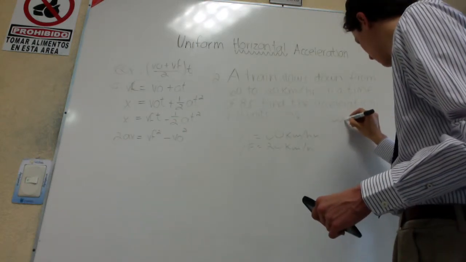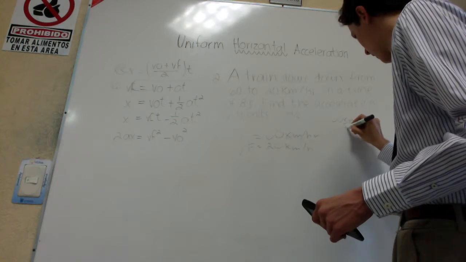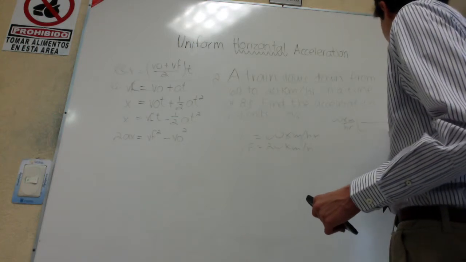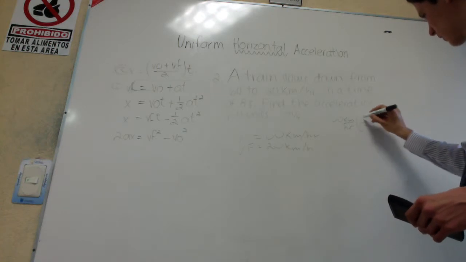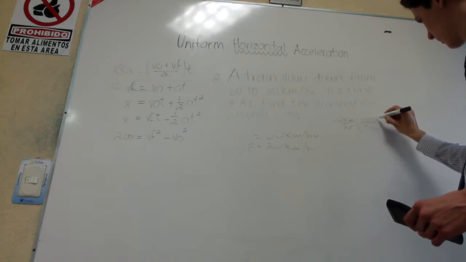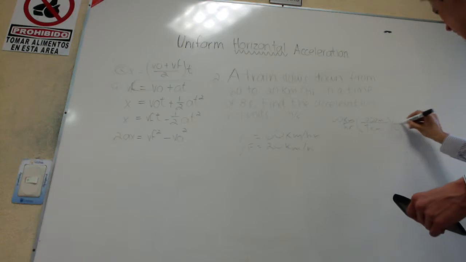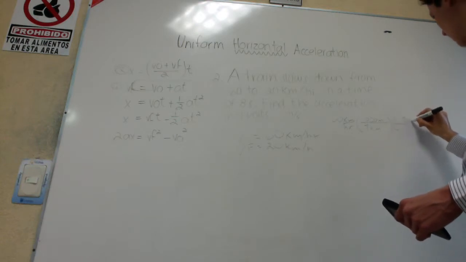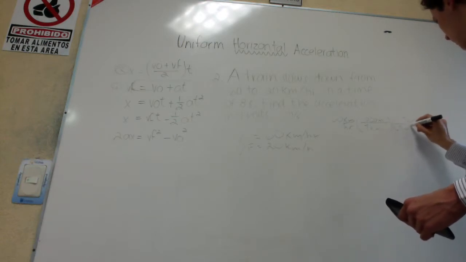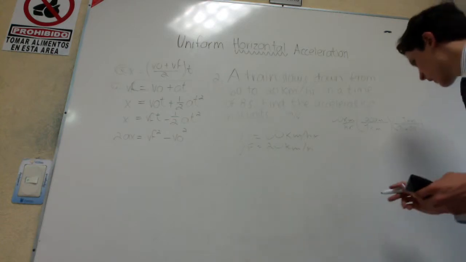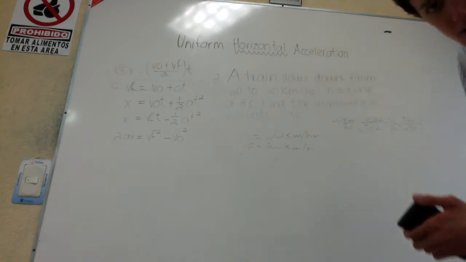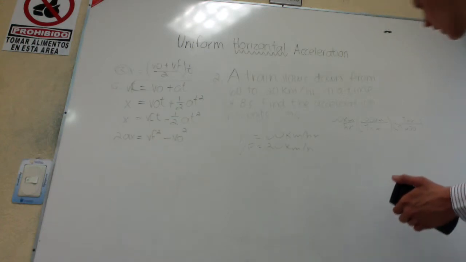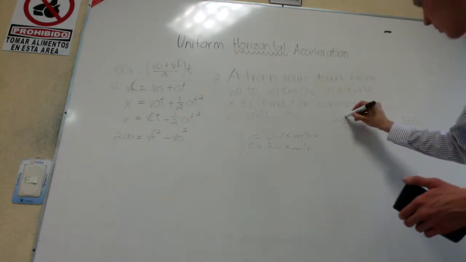60 kilometers over an hour. 1 kilometer equals 1,000 meters. 1 hour equals 3,600 seconds. Yes, 3,600 seconds. So we make the conversion.